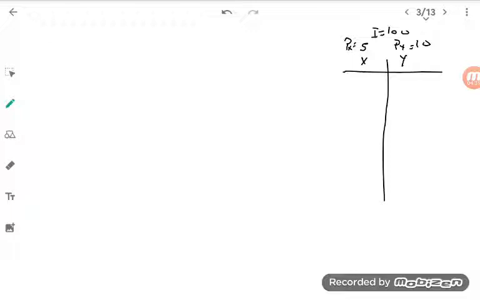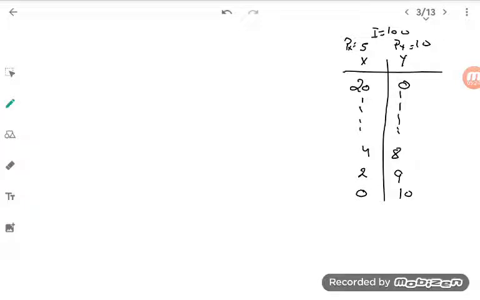First, you can devote all your money income to purchase commodity X, so you buy 20 units of X and 0 Y. Or you can devote all your money income to Y and 0 X, so you can buy 10 Y and 0 X. Or different combinations, say for example 9 Y and 2 X, or 8 and 4, etc.